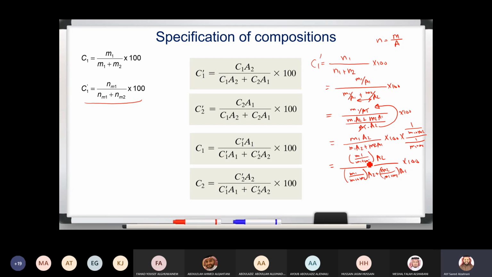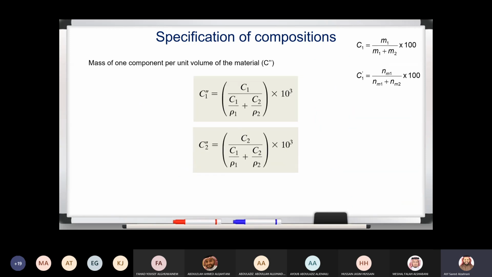Now this one, M1 over total mass, is basically C1. So in that case, we write it as C1 A2 over C1 A2 plus C2 A1 times 100, which is the same as this one here. So you can of course do this, and you can do this as well by doing the same derivation here.